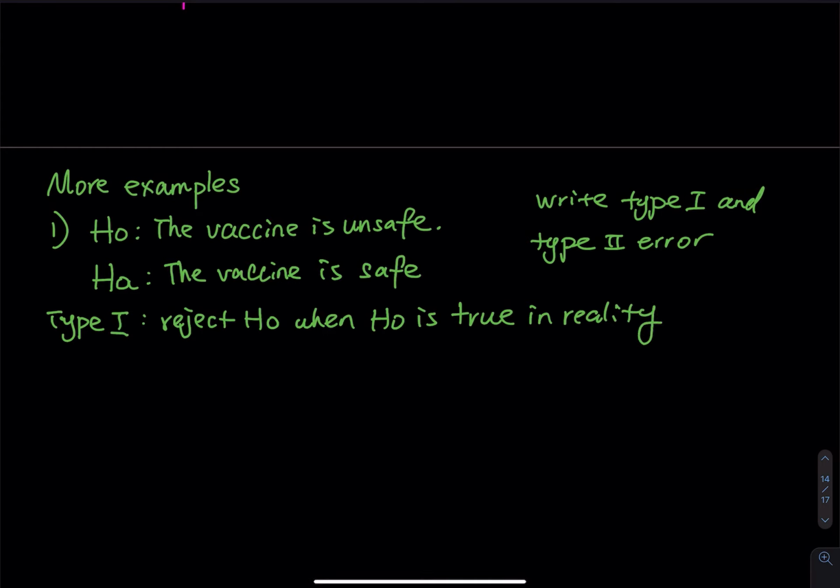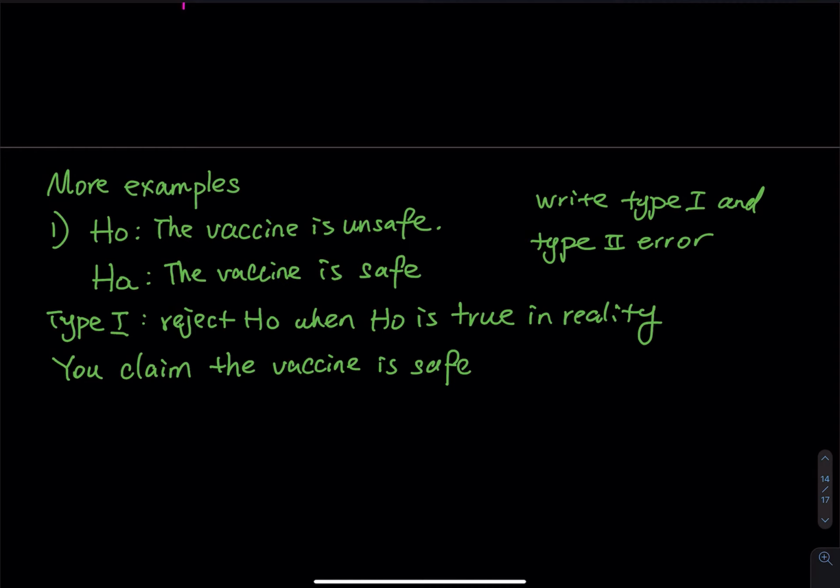That helps you to write the type 1 error in the context of this problem. So how do you write type 1 error using the language of this context? Type 1 error is you claim the vaccine is safe. What is this? You claim the vaccine is safe.